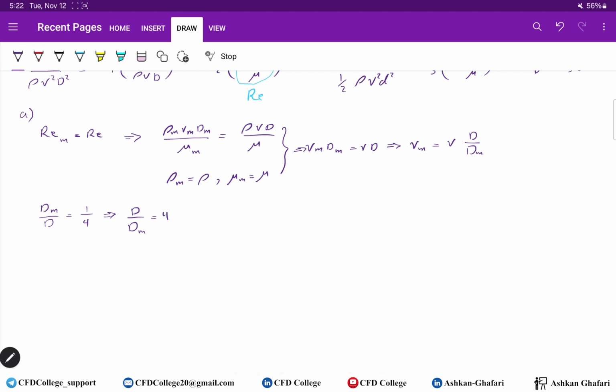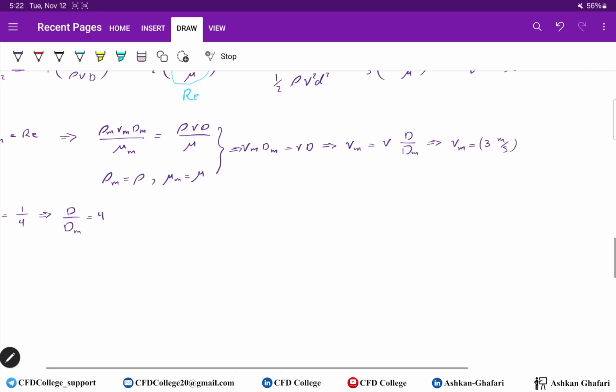And from this we can find velocity. Vm equals velocity, which is 3 meters per second times the ratio of the length, which is 4. So the velocity of the model is 12 meters per second.